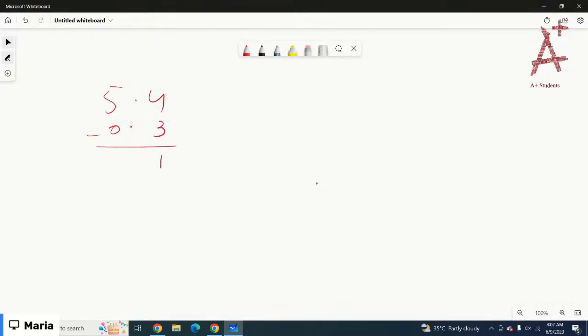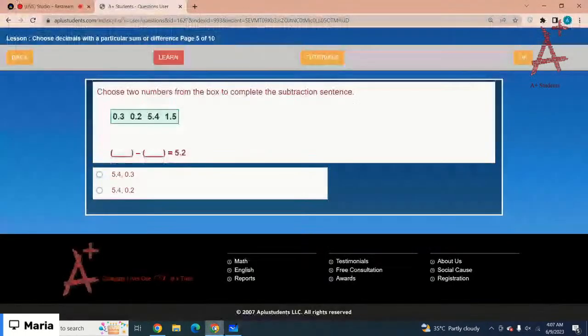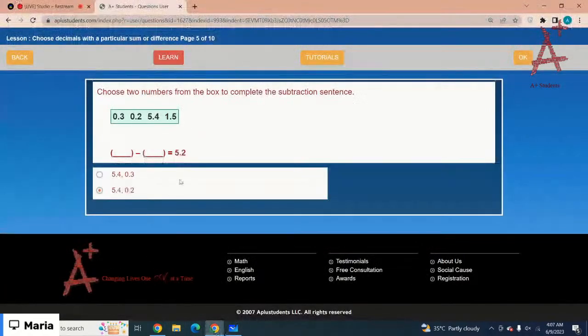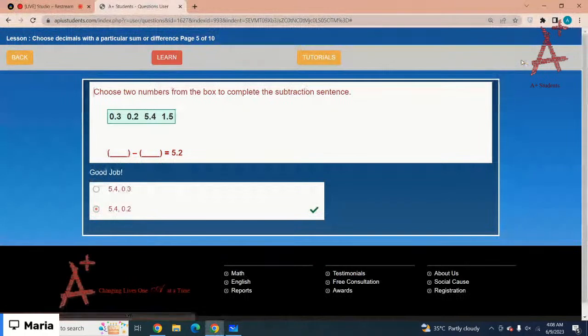So 4 take away 3 is 1 and 5 take away 0 is 5. This isn't the correct option. You have to select the one whose difference is 5.2. Let's just look at the second one, 5.4 take away 0.2. So 4 take away 2 is 2 and 5 take away 0 is 5. So that means the correct option is option number 2. Got it?